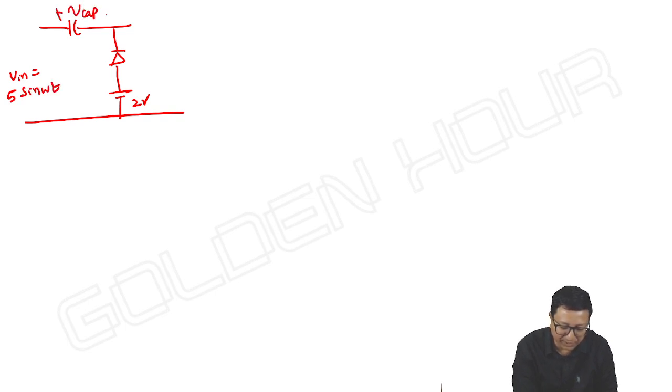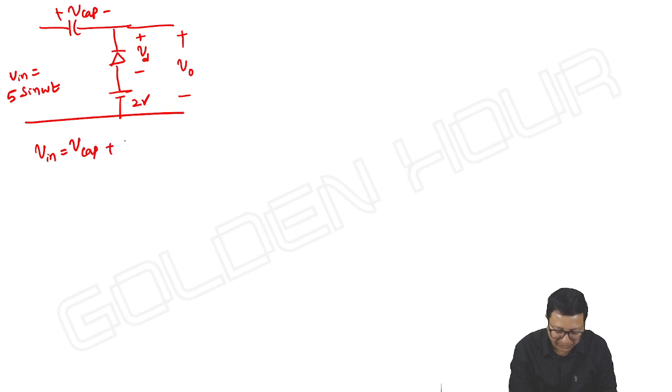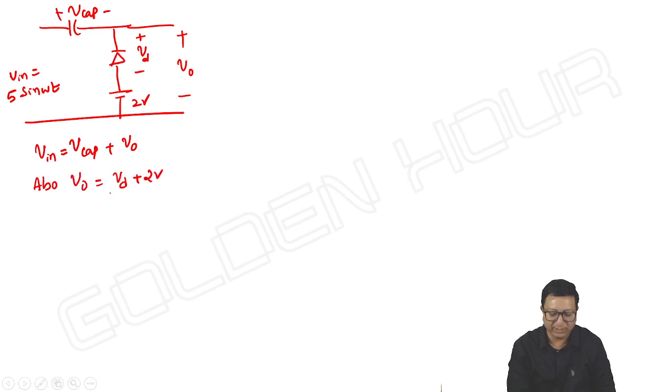V capacitor, I am taking polarities like this. Anyway, VD is this way and V output. We know that V input is equal to V capacitor plus V output. Also, V output is equal to VD plus 2 volts. Okay, all these things are well known to us.